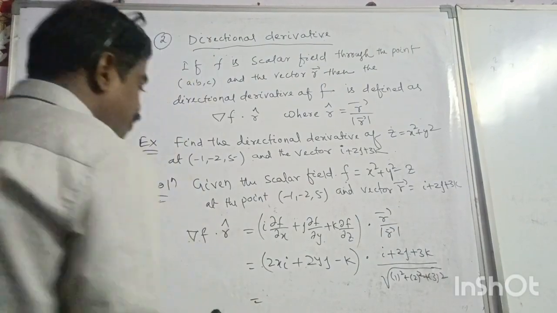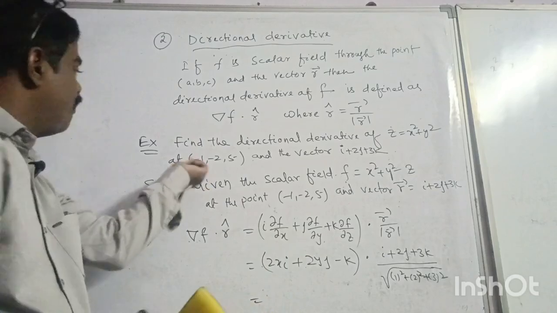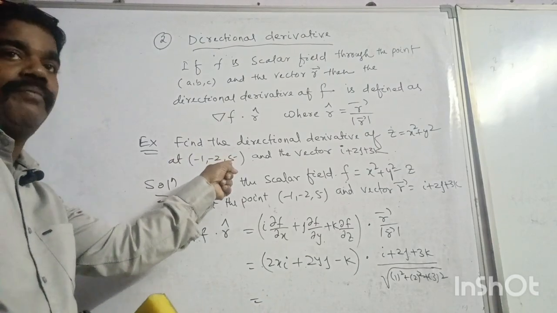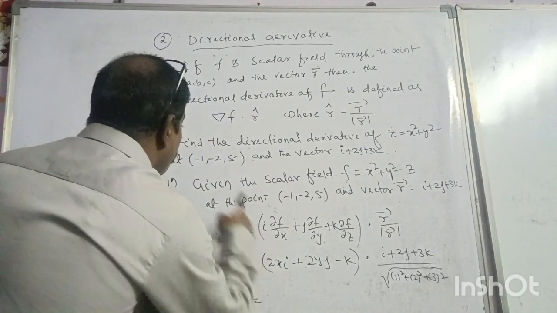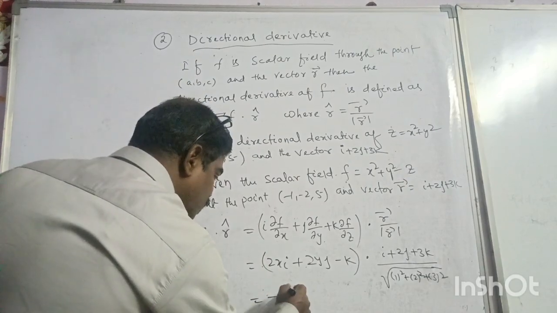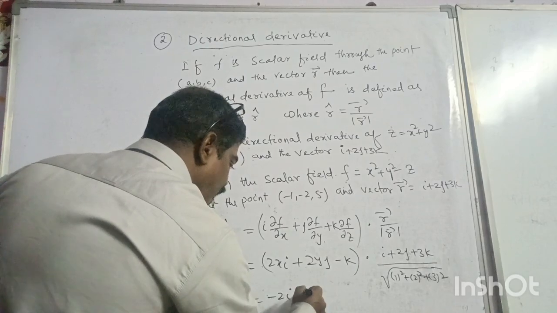Fine. This is equal to, in place of x, y, the point is given: -1, -2, 5. I apply here. So tell me, 2 into -1, -2i, then 2 into -2, -4j.